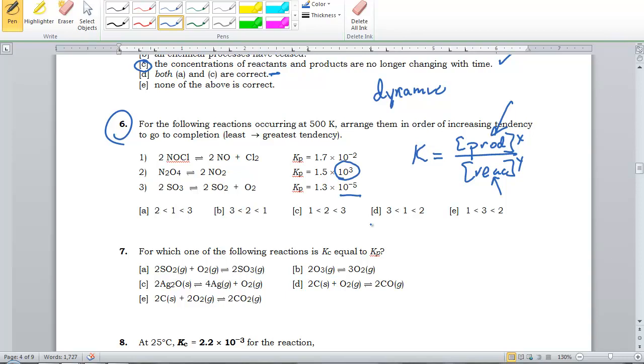So the correct order here is 3 is going to be less than 1, because 1 is still small, but not as small. So this one's going to be still leaning toward the reactant side, but in the middle of those two, obviously. And then reaction 2 will go most to completion. Choice D.